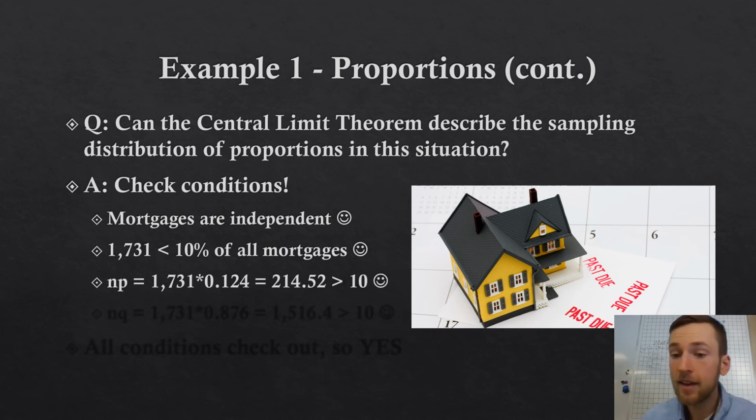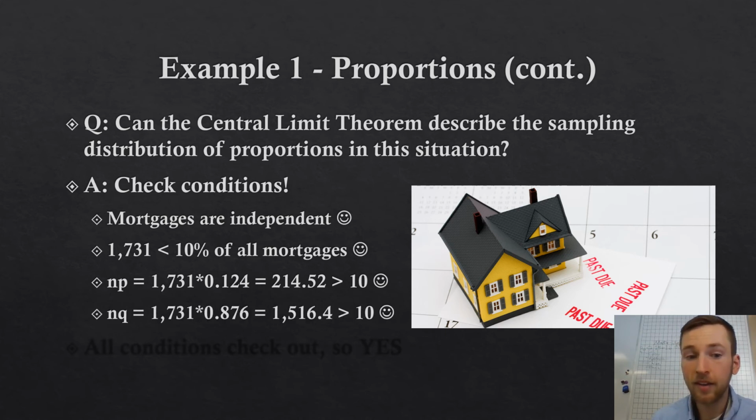Then we have to take n times p, and this is where n times p has to be greater than 10. So in this case, 1,731 times 0.124, or 12.4%, is 214, which is greater than 10, meaning we have at least 10 mortgages that are delinquent.